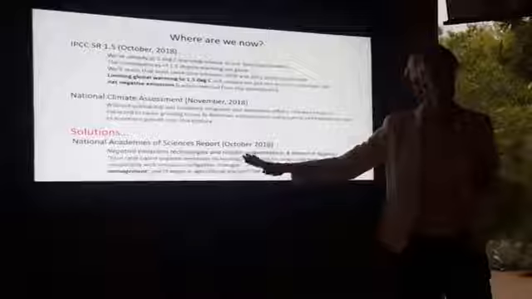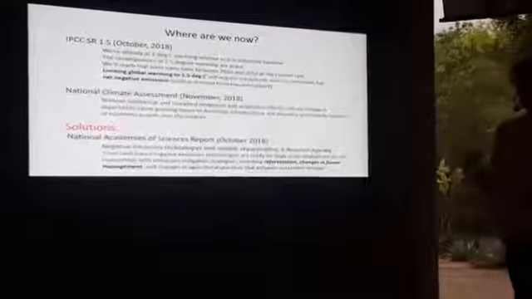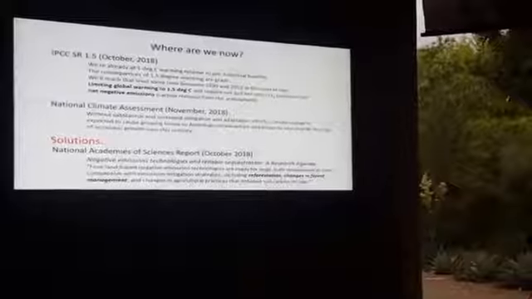The authors of this report said we've got four land-based negative emission technologies that are ready for large-scale deployment at costs that are competitive with emissions mitigation strategies, including reforestation, changes in forest management, and changes in agricultural practices that enhance soil carbon storage. I didn't put the fourth one up here, I was running out of space.